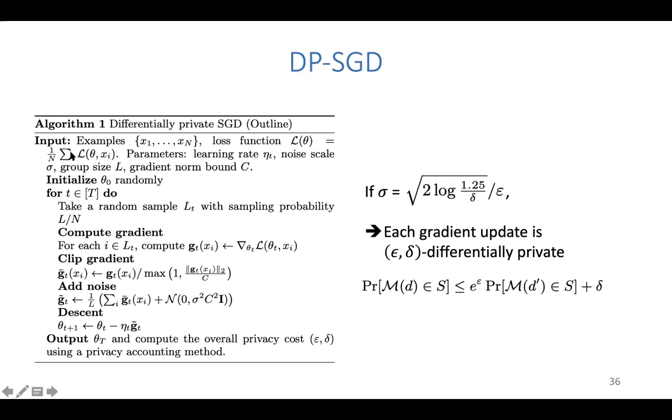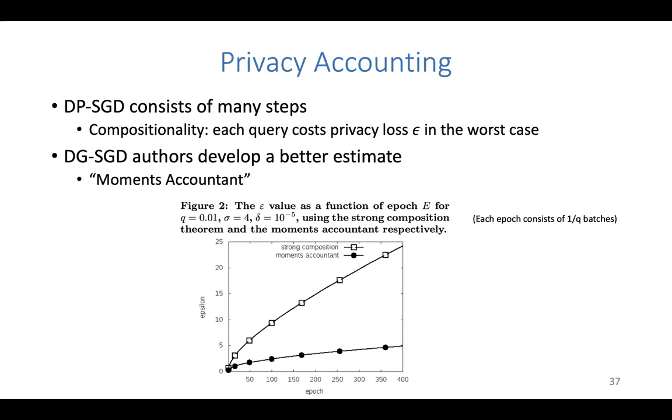If you run the DP-SGD algorithm for 1,000 updates or 10,000 updates or 1 million updates, what is the total privacy loss? You can calculate this based on the compositionality theorem. As I said, in the worst case, if your algorithm M has privacy loss epsilon, and you run your query n times, then in the worst case your total privacy loss is n times epsilon. That is what strong composition is.